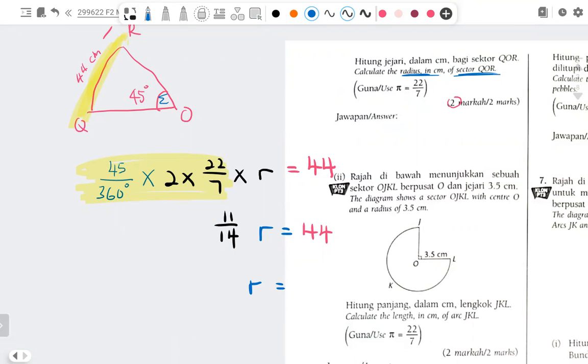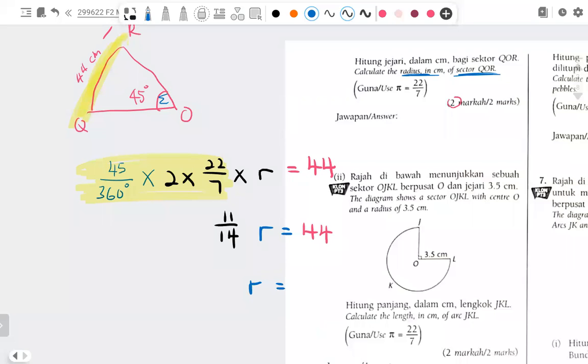So if you switch to the back, 11 over 14, if you key in the calculator it will be 44 divided by 11 over 14. If you divide, then you have to key in the same fraction, 11 over 14.